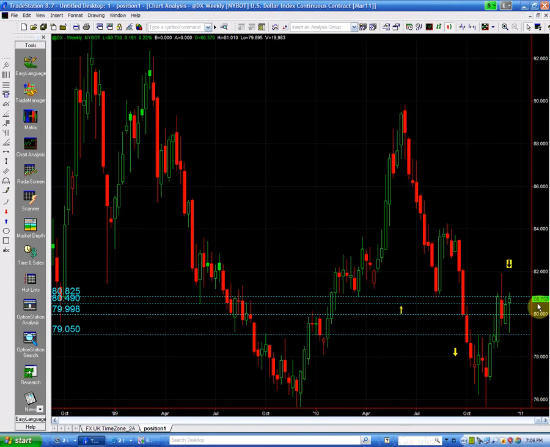Plus, as you can see, we closed the week at 80.75, and our structural point is 80.82, and you're looking at 4 or 5 pips, which is basically nothing in the span of foreign exchange.